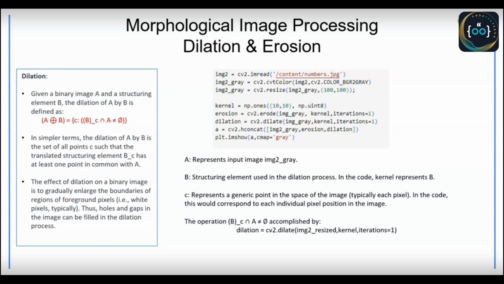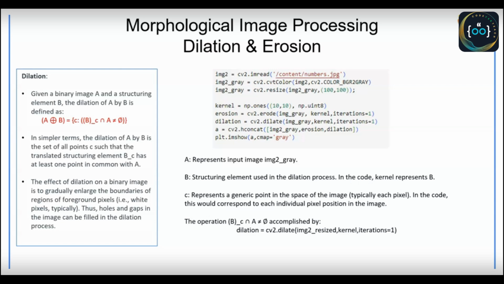A represents the input image. In the context of the code, this would be the image2_grid. When it comes to B, B is the structuring element that is used in the dilation process. In the code, kernel represents B. C represents a generic point in the space of the image, typically each pixel. In the code, this would correspond to each individual pixel position in the image.